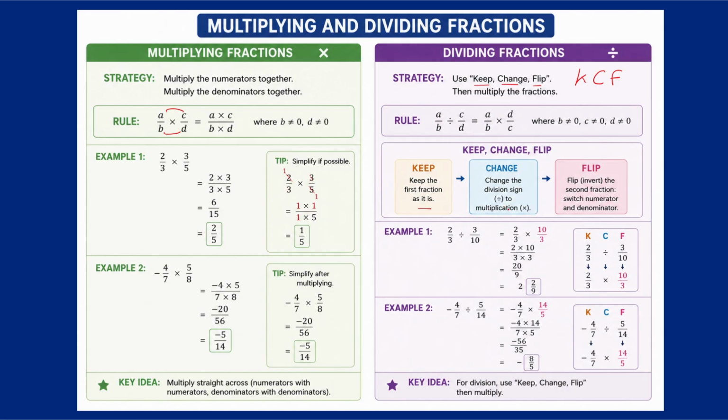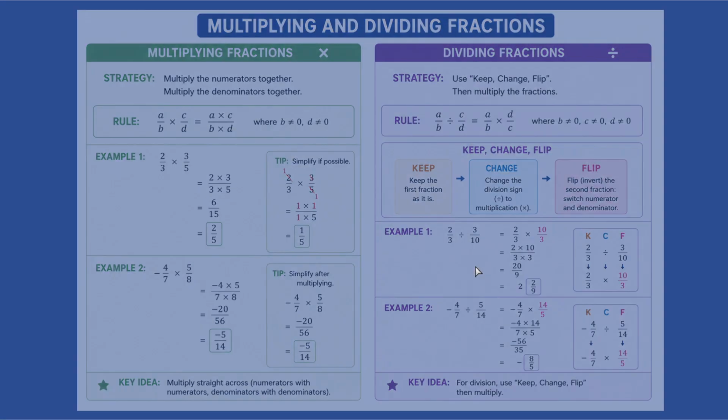We change the division sign to a multiplication sign, and we flip the second fraction, which means we write the reciprocal of the fraction. So the reciprocal of 2/3 is going to be 3 over 2. Reciprocal of 5/7 is 7/5. So it's just a flip of the fraction. So keep, change, and flip.